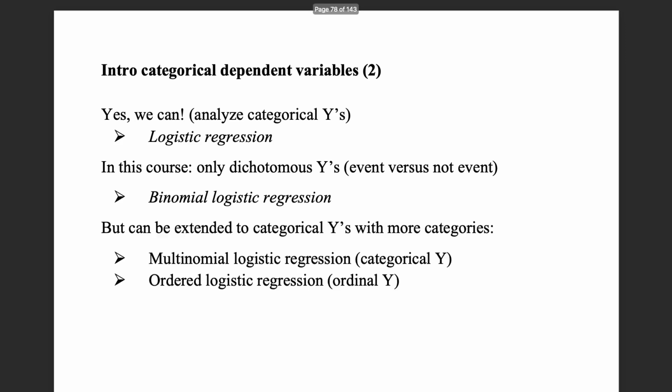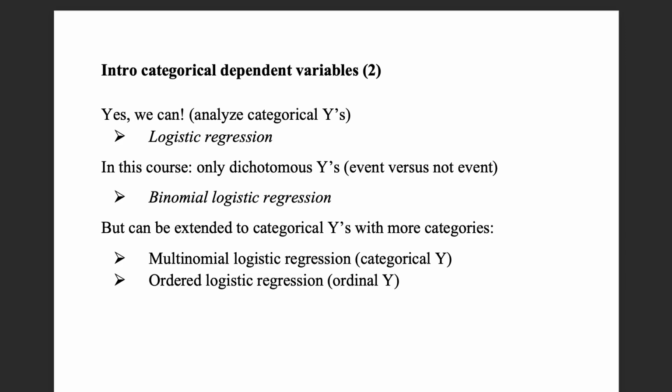Well, because there are also categorical variables that you might be interested in that have more than two categories, where it's not just that something happened or something did not happen, but there might be more than two categories that are possible for the cases. Maybe you want to analyze what party people voted for, and there are lots of different parties they could have voted for, including maybe not voting for any party at all.